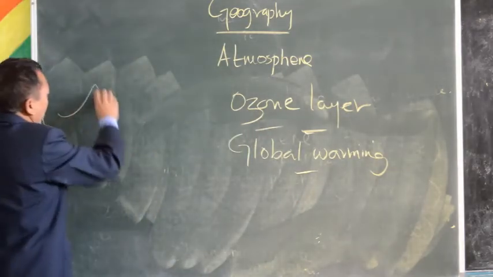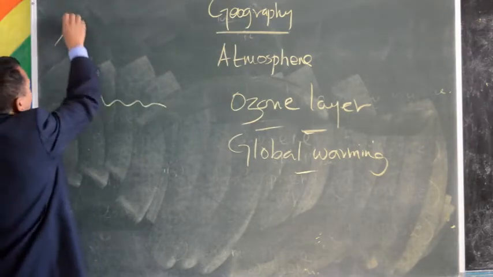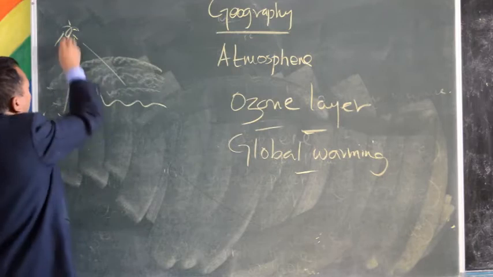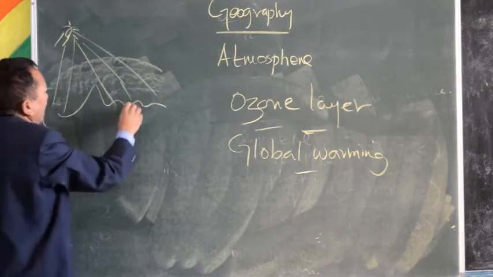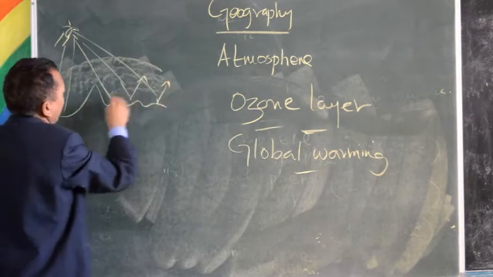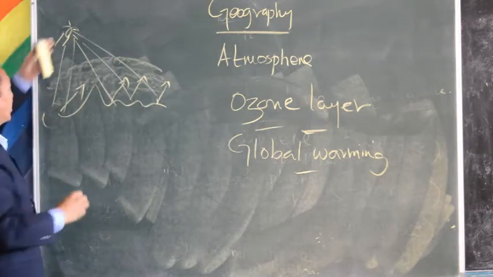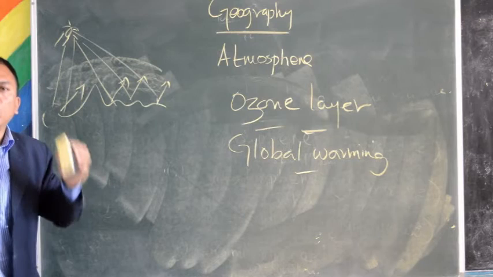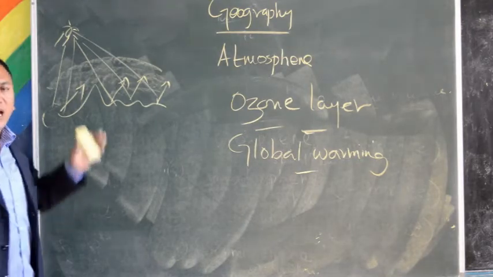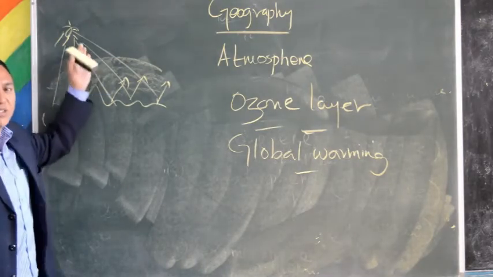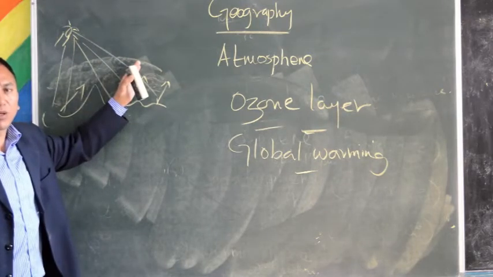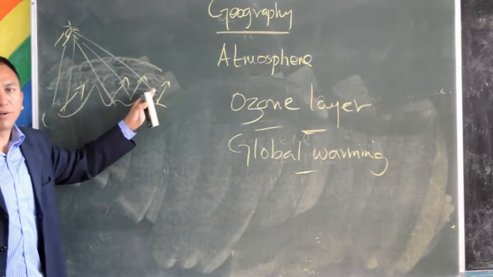For instance, the sun shines, the sun hits the Earth, and when the heat starts to move outside in the form of terrestrial radiation, see, when the sun shines, the rays that come into the Earth are called insolation, incoming solar radiation. And after the insolation comes, after the rays of the sun fall and heat the Earth, in the evening they start to move upwards, which is called terrestrial radiation.